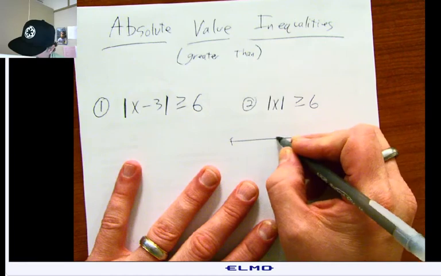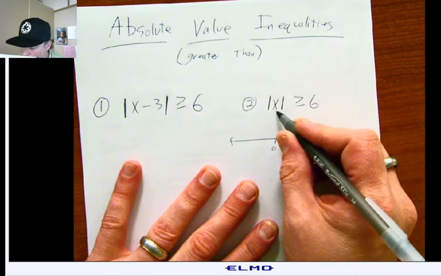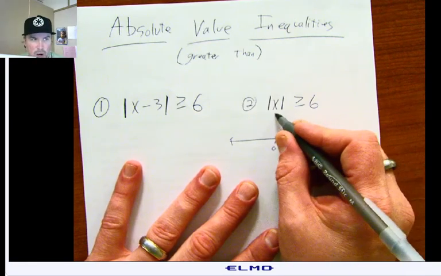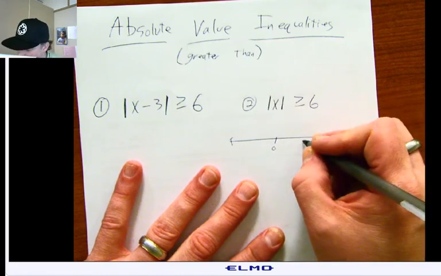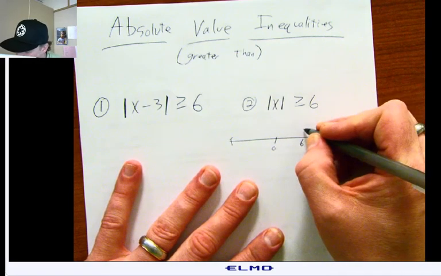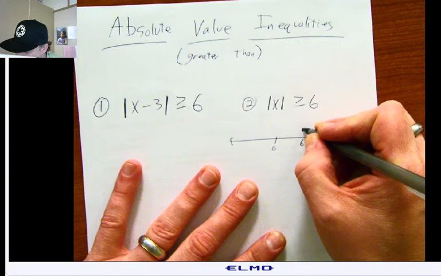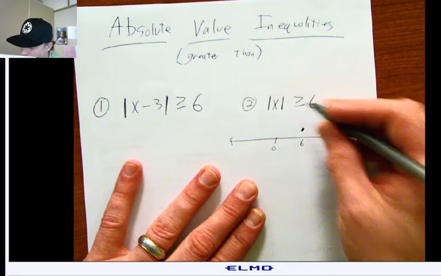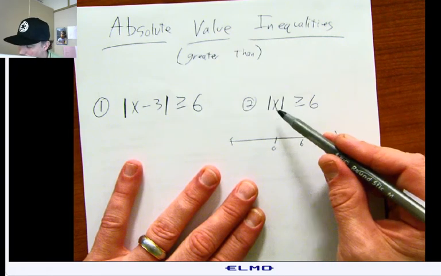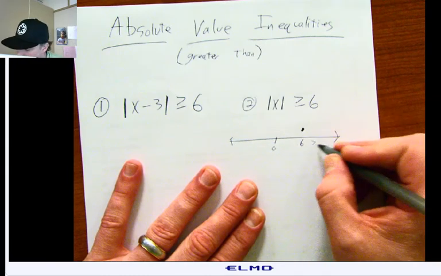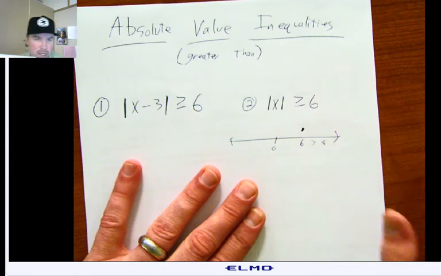you've got 0, 1, 2, 3, 4, 5. Those numbers are all less than 6, so that wouldn't fit. But once I get to 6, 6 is equal to x, and then 7, 8, 9, 10, 11, 12, 100, a billion.